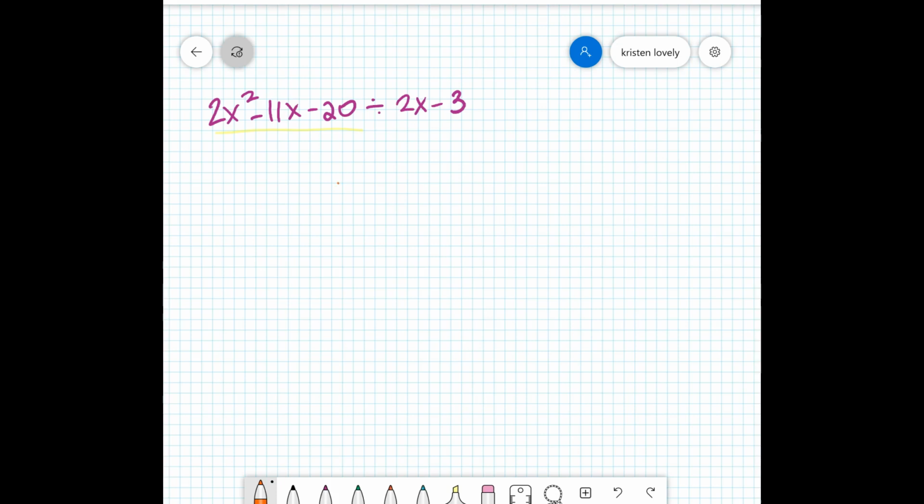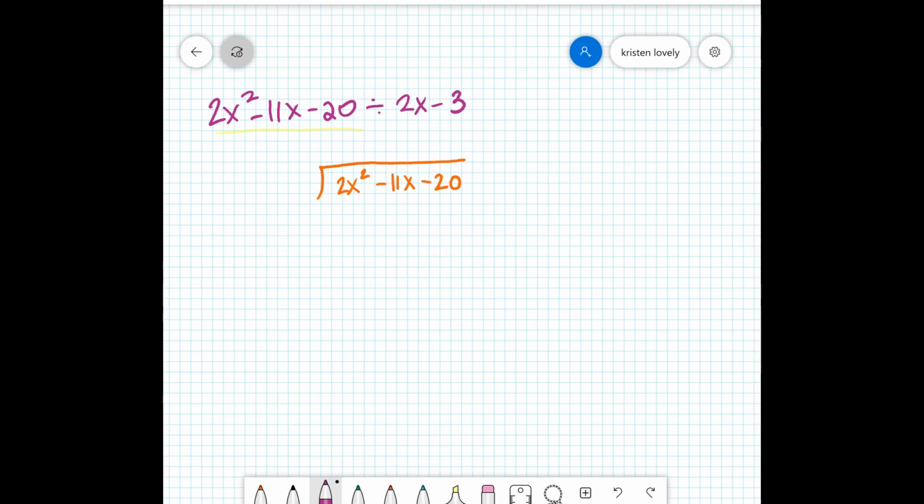So I'm going to rewrite my polynomial using my long division bar, something that you first learned about probably in about 4th grade. I'm checking to make sure that this polynomial is written in standard form from the highest degree down to the constant, which it is, and I'm also checking to see if there are any missing terms.